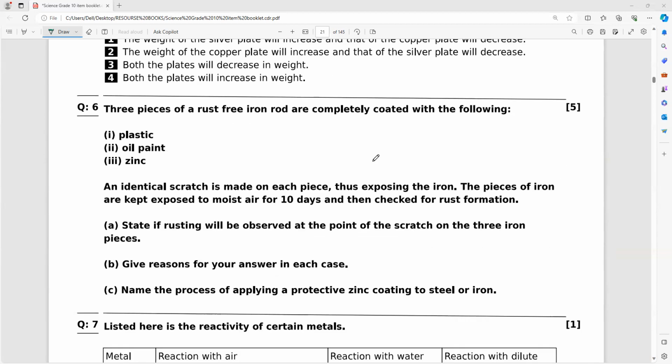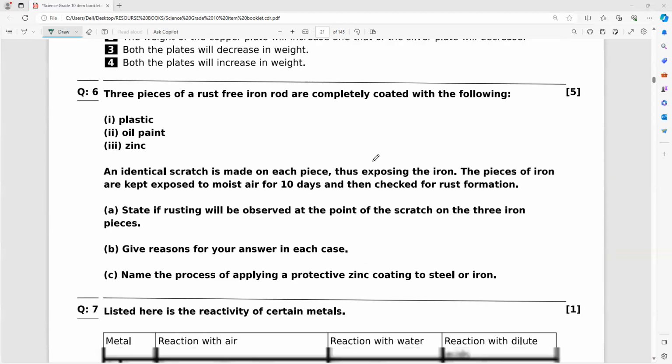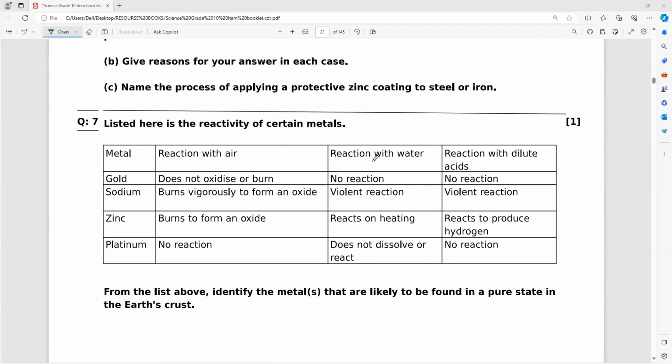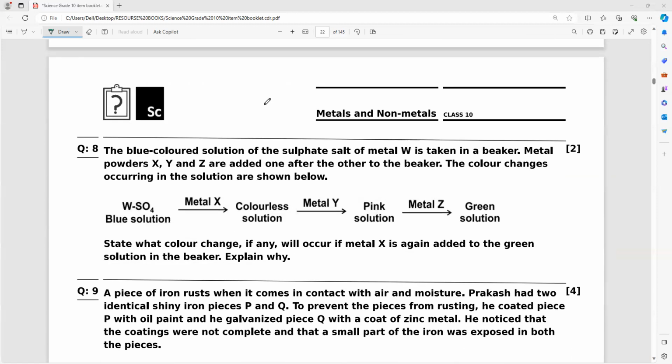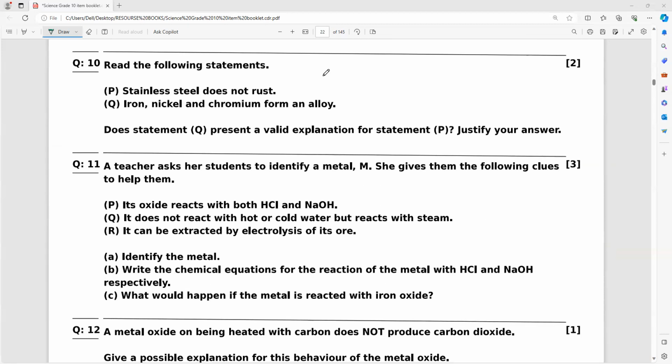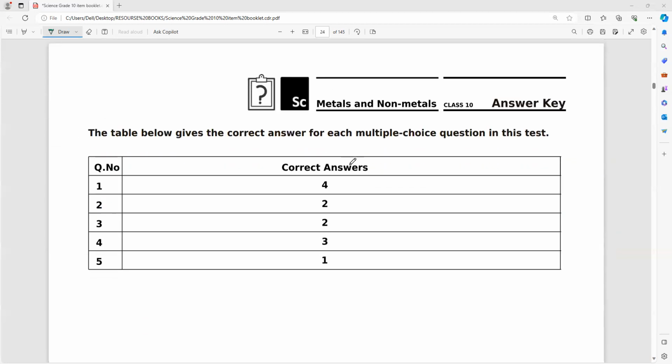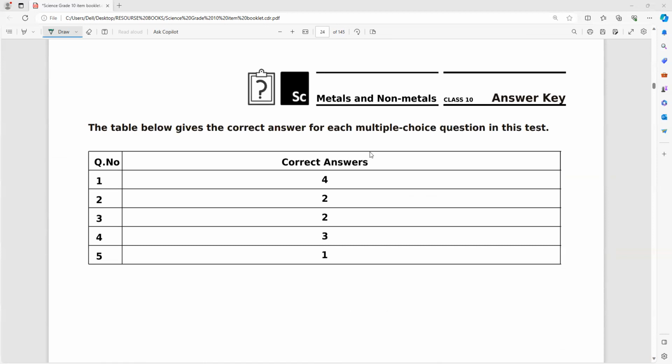Have you done metals and non-metals? I am asking you. Am I audible? Yes, sir. I think we have completed metals and non-metals. Is it right? Yes, sir. Yeah, I remember.